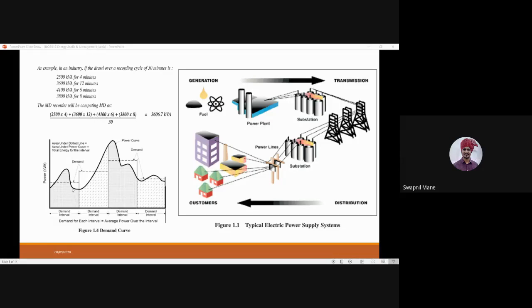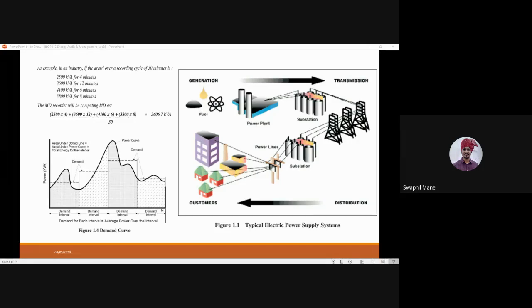All such area under the curve will be called as a load, and this curve is also called as a load curve, when the x-axis is showing the time interval in seconds, in minutes, in days, in months, in years.